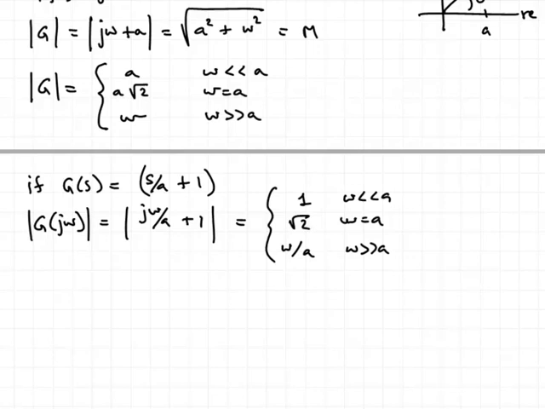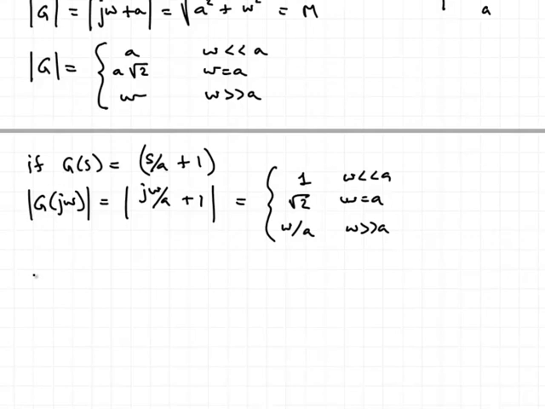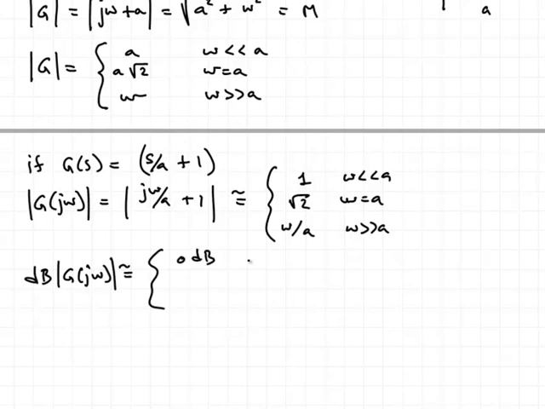Now if we plot this, let's look at the decimal value before we plot it. The decibel value of g of j omega is approximately going to be 0 dB for omega much, much less than a.